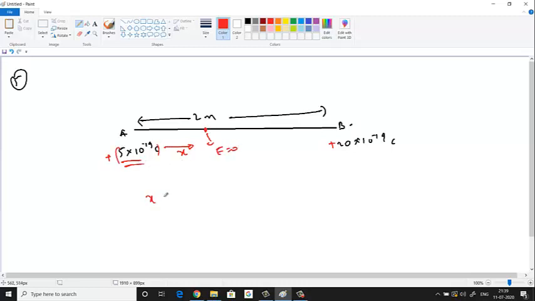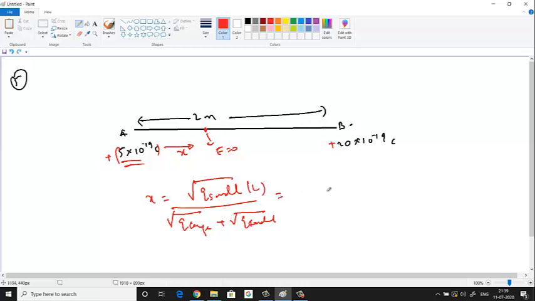How do you find this? x is equal to root q small divided by root q large plus root q small, into total length. Let us say the total length, 2 meters, is L. So what is q small? Root 5 into 10 power minus 19 divided by root, what is this large?